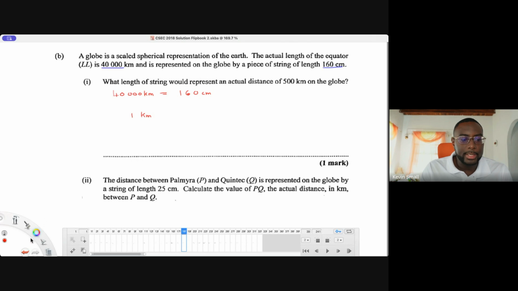To get from 40,000 to 1, you have to divide. So likewise, I must do the same thing on this side here. I must divide by the equivalent 40,000. So I can just simply put it like this: 160 over 40,000.